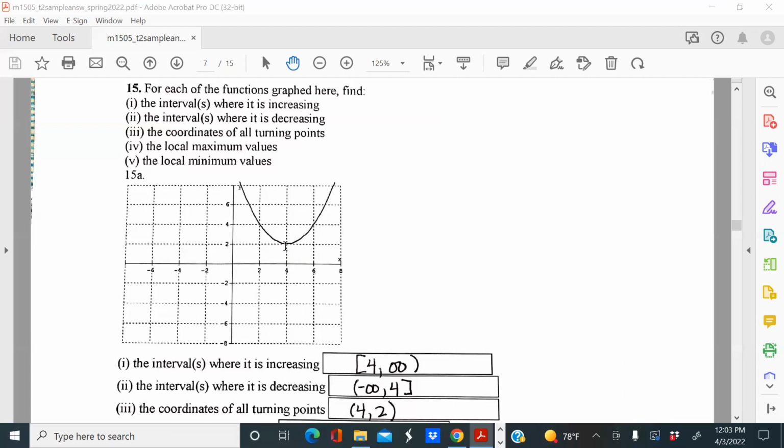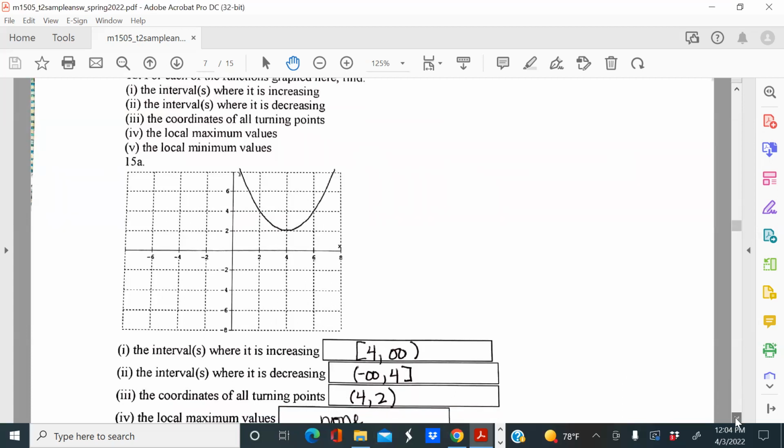So that means this is a turning point. So the coordinates of our turning point are 4 as the x coordinate, and it looks like 2 is the y coordinate. Of course, we're only giving estimates now, because we're reading from the graph. Again, in calculus, using the formula for the curve, we'll be able to get exact answers to these questions. You won't have to rely on just visual estimates.